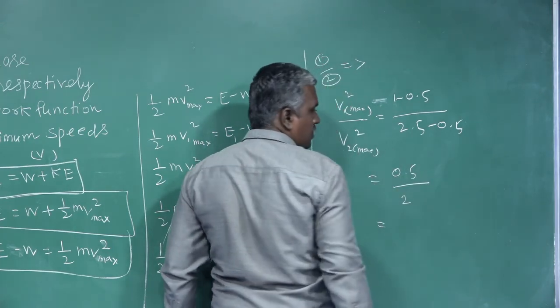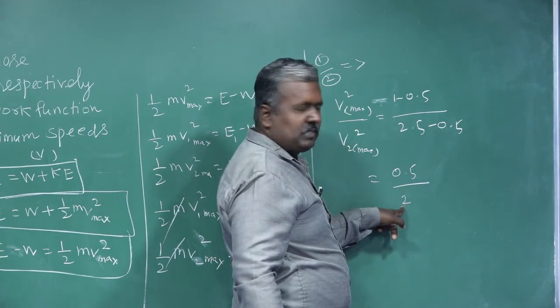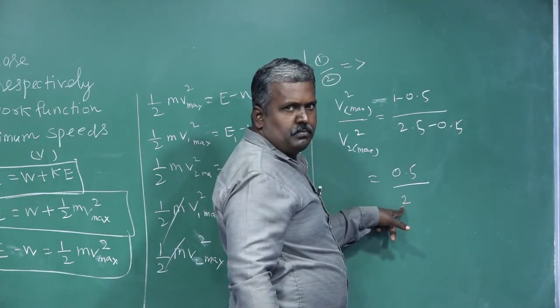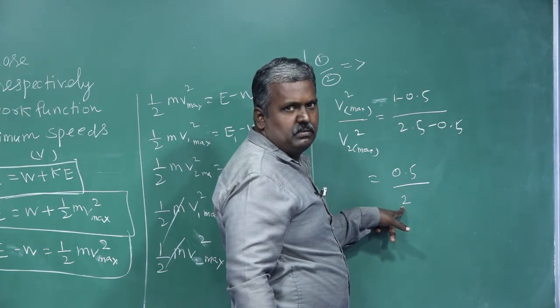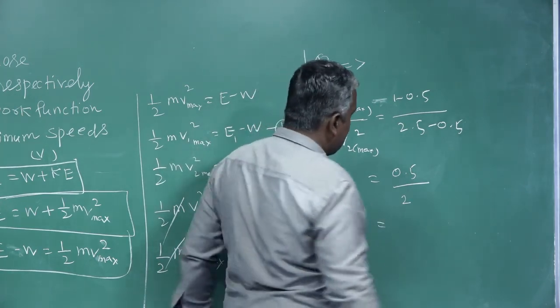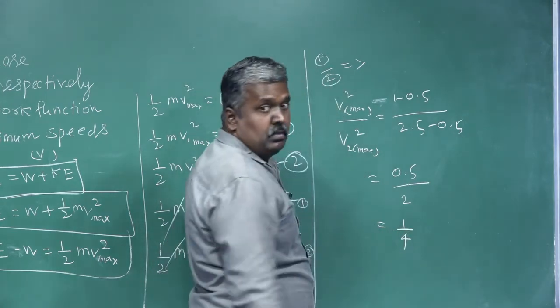So how many times? 0.5 over 2 is 1 by 4.